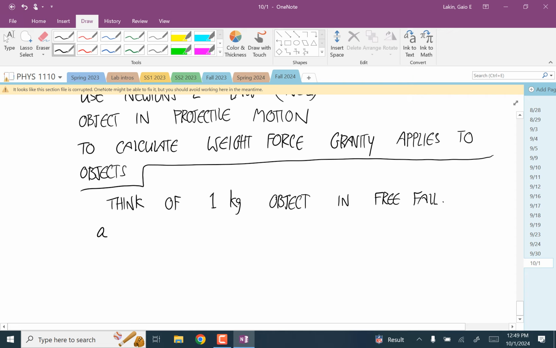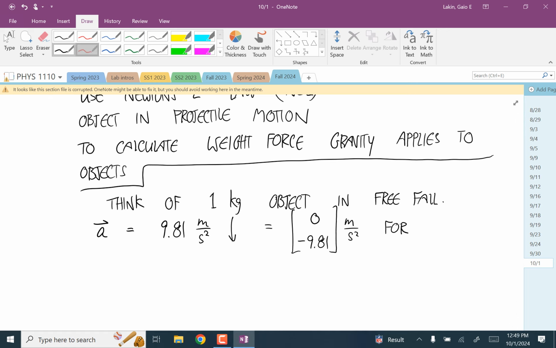So the acceleration vector is 9.81 meters per second squared down. Or we could write this as 0, negative 9.81 for a coordinate system with the y-axis pointing up.